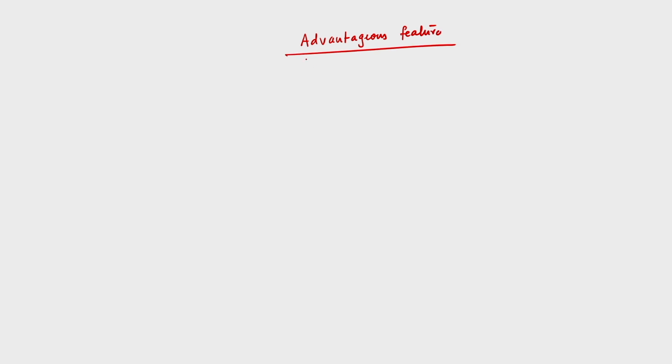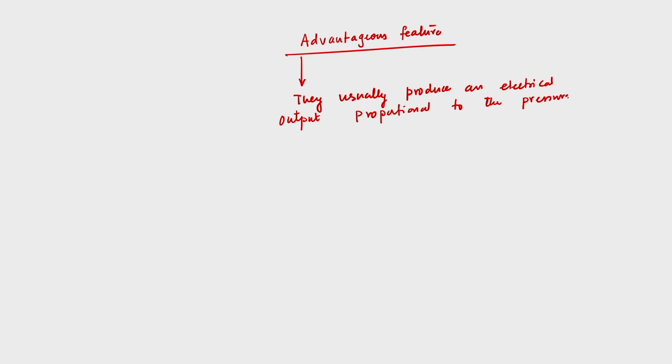The advantageous feature of these two gauges is that they usually produce an electrical output proportional to the pressure that can be used in a control circuit or be digitized for computer processing.